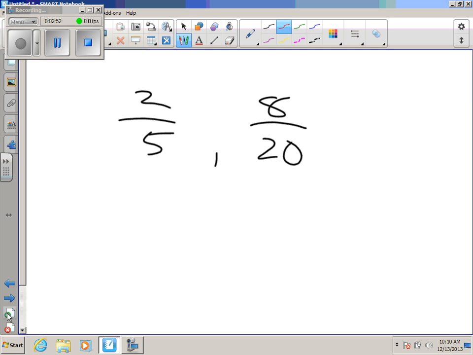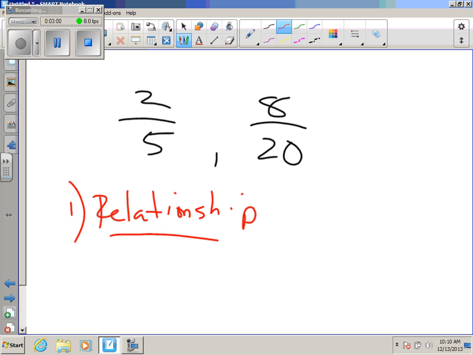Good. What Sarah just did was she looked for a relationship. Okay? This is one of the options that you're going to have. And what I mean by that is she looked at the top number to the other top number to see, is there a way that I could get 8 from this 2?